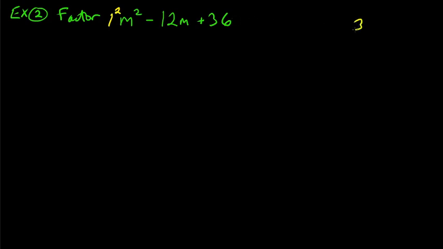And 36, when you take the square root of that, you get 6. So 6 times 6 is 36. That's also a perfect square. So when you see the first term and the last term are perfect squares, this is a good indication that we can factor this as a perfect square trinomial.